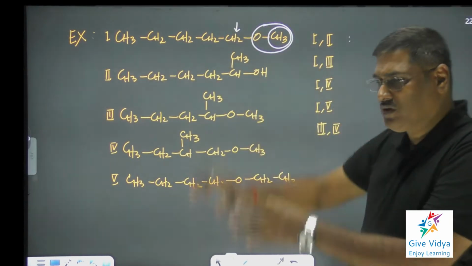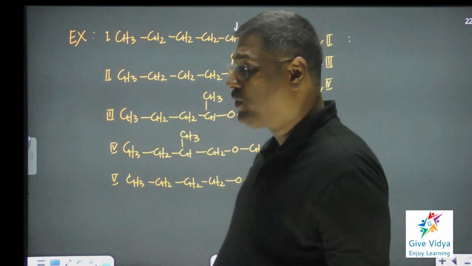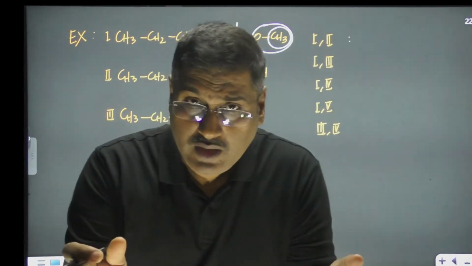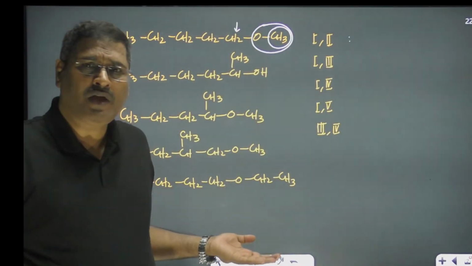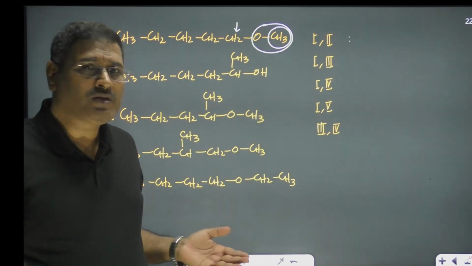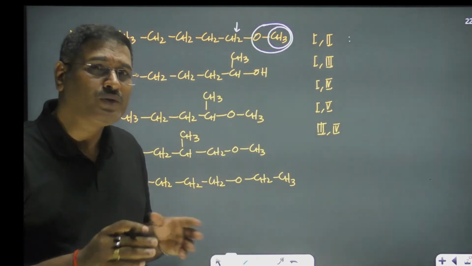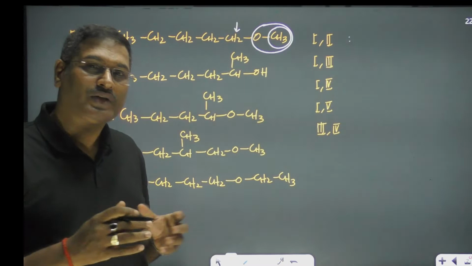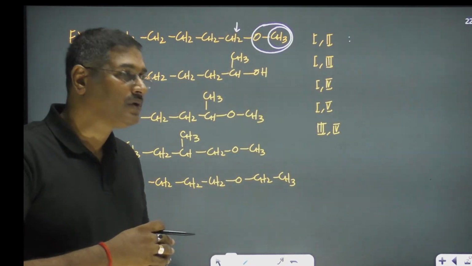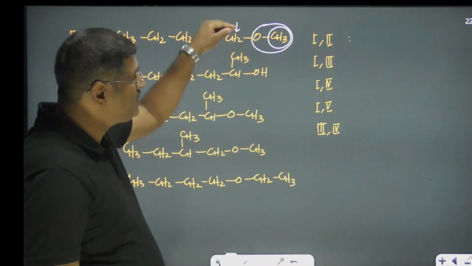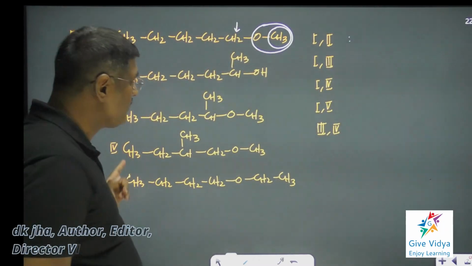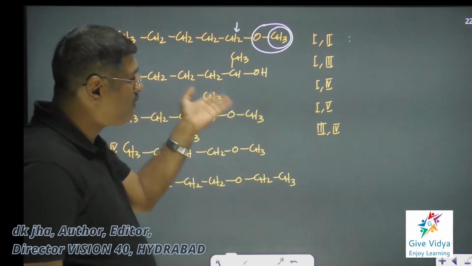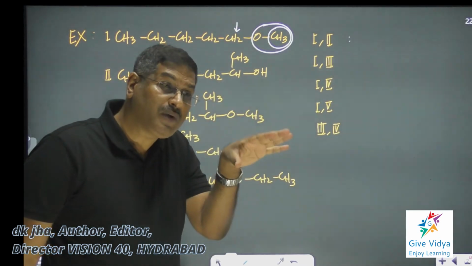The methyl group position is changed. Now what do you think? Is it really a change in the position of methyl? Yes, this is a change in position of the methyl group. But this is no more a position isomer. It is not a case of position isomerism, because the change in position of this methyl group from oxygen to carbon leads to a change in functionality.